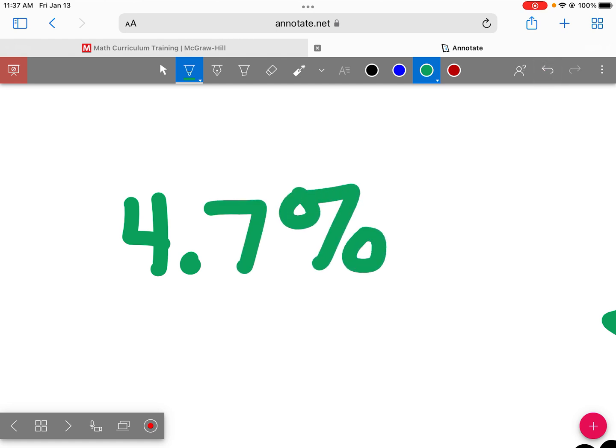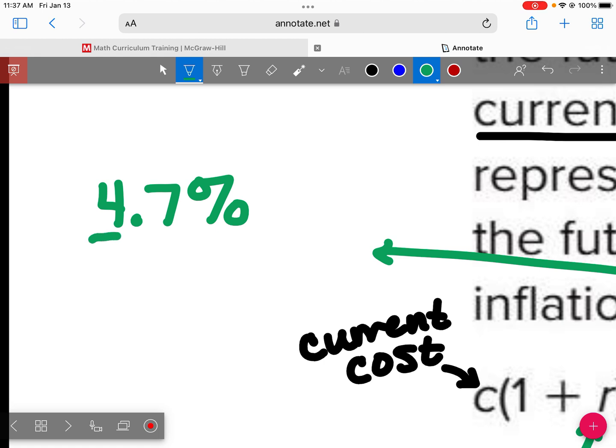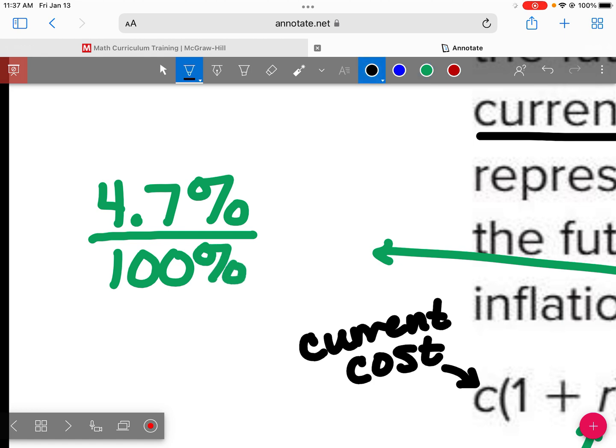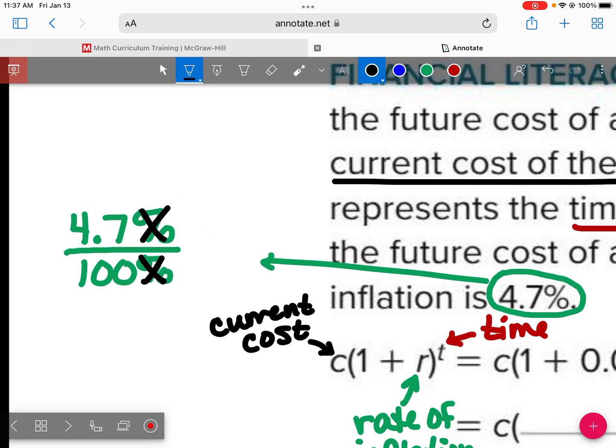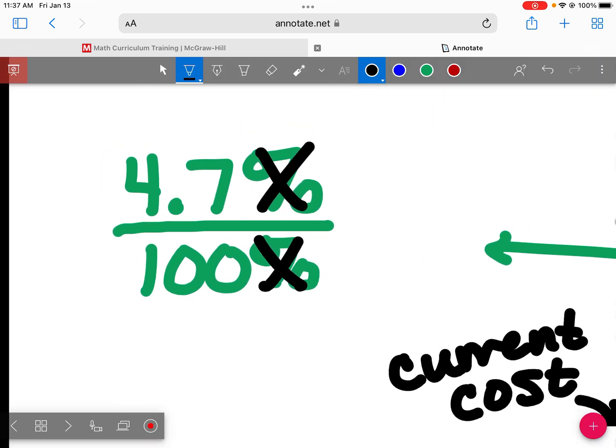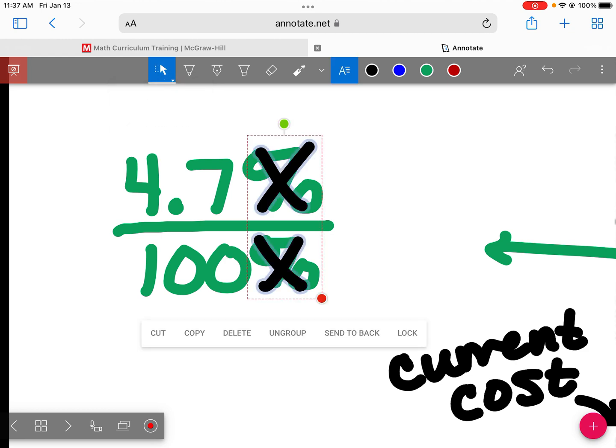All right, 4.7%. I want to take this out of 100%. So this way my percents cancel top and bottom. Somebody grab a calculator for me real quick and tell me what you get when you divide those two, because we need to get rid of that percent sign. I can't do this problem with the percent sign there.